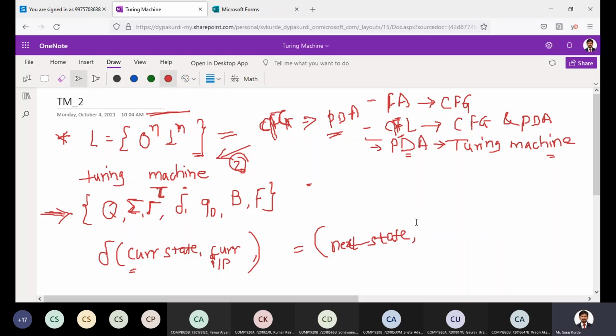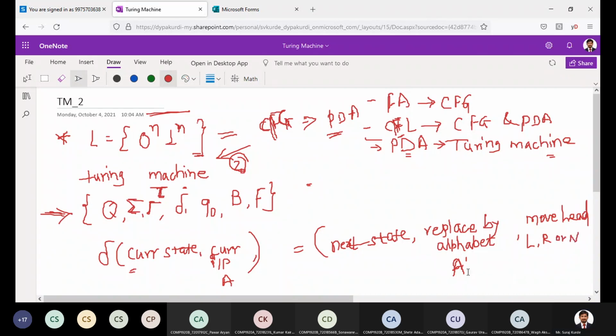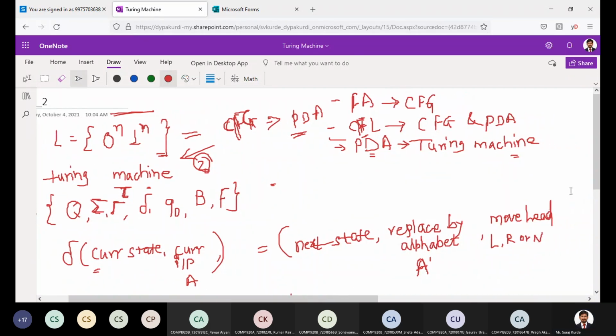Then the current input is replaced by an alphabet, so this A is replaced by some A dash. Then move the head left, right, or neutral. This is the transition.